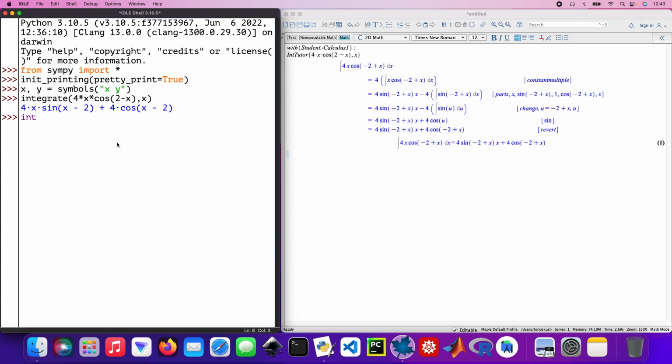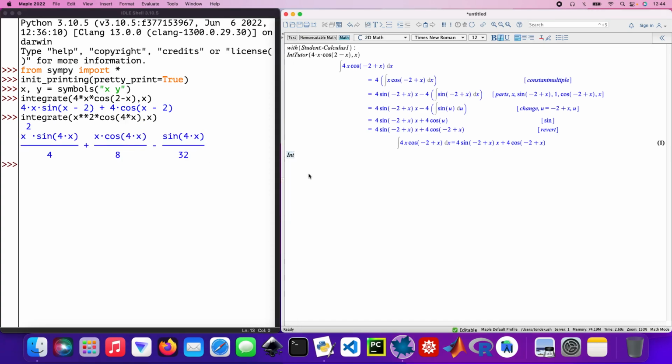Right, then cracking on to the next one. So integrate x squared times cos 4 times x with respect to x. And the same in Maple, Int, then tutor, x squared times cos 4 times x with respect to x.